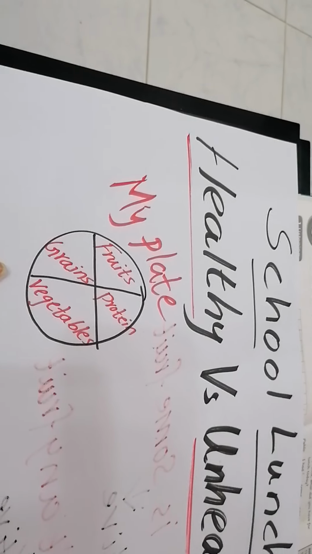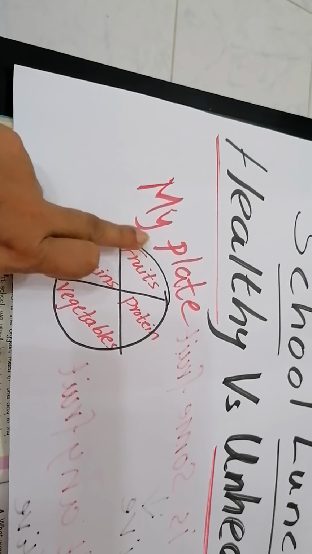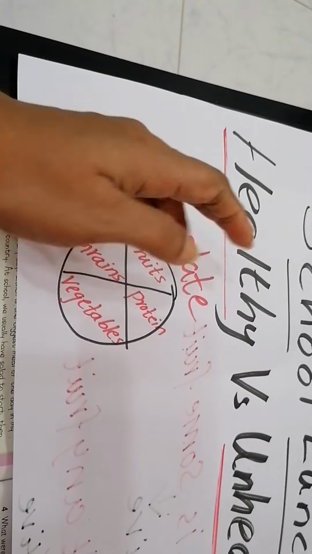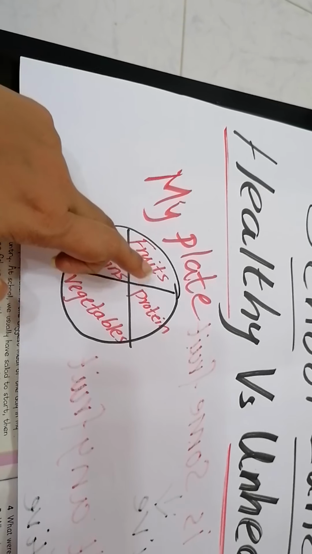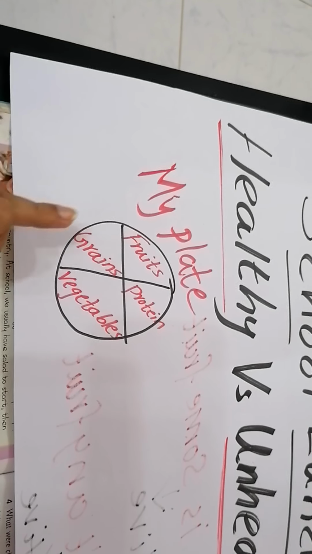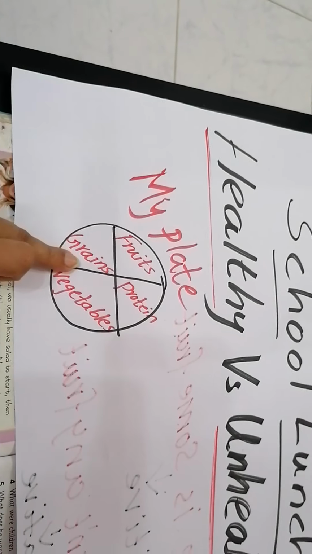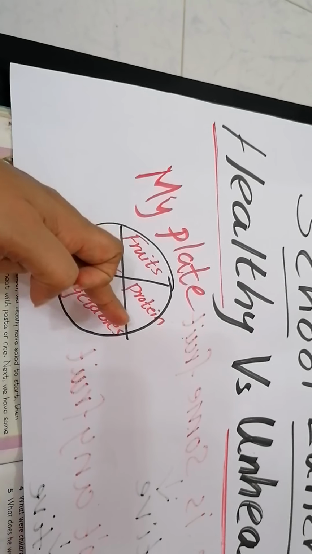Then another activity you can make is my plate. You can make a plate like this, and you can divide your plate into 4 or 5 sections, and think about what healthy food items you can include in your plate. See here I included fruits, grains, vegetables, proteins.